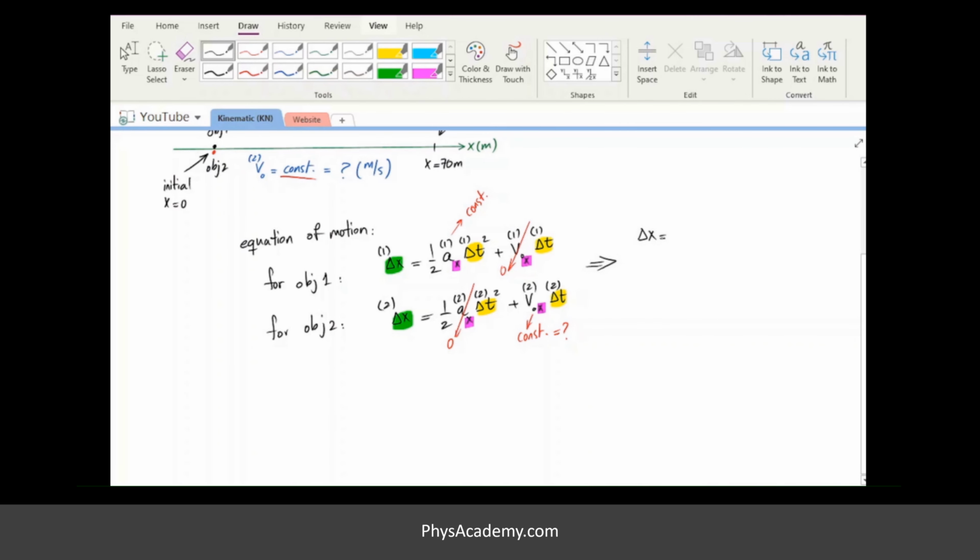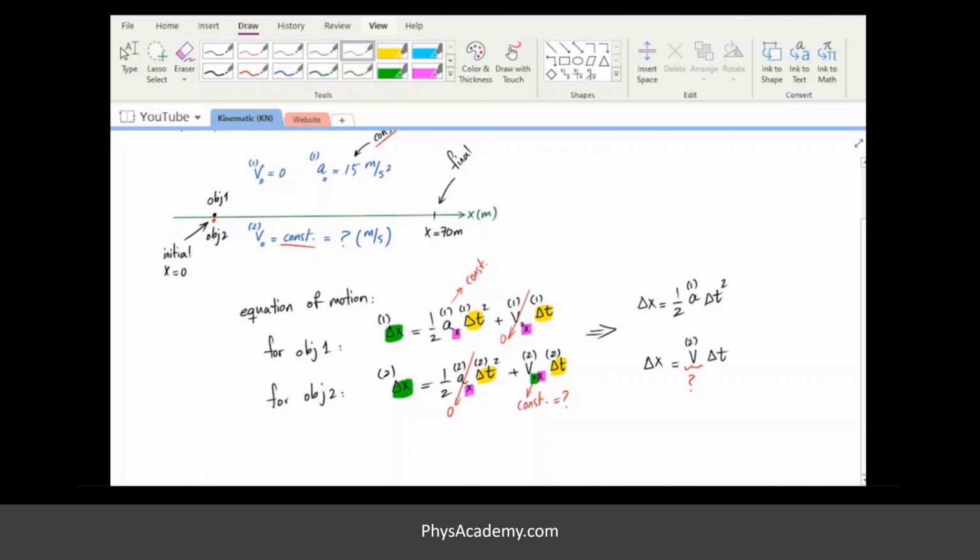Alright, let's rewrite these two equations without any of this extra stuff. And mark our unknown, the velocity of object 2, or the roadrunner's velocity. Delta x is positive 70 meters.